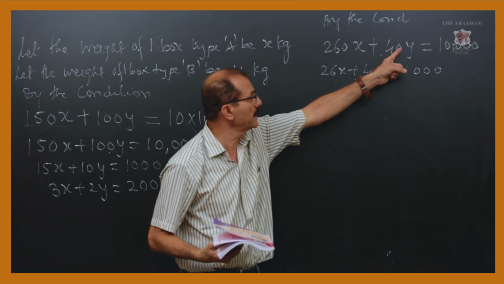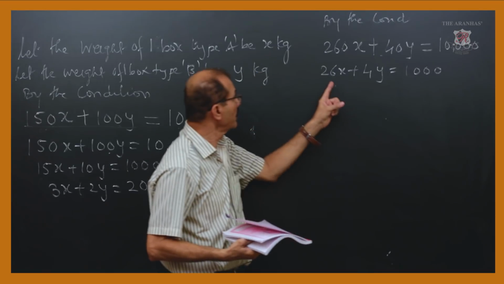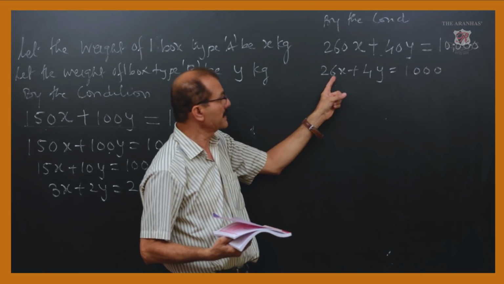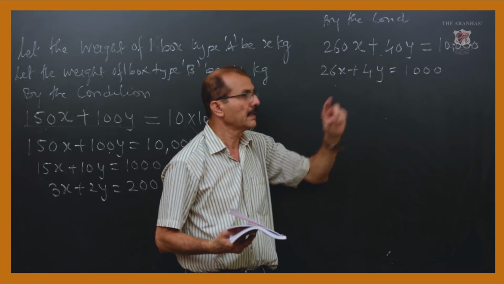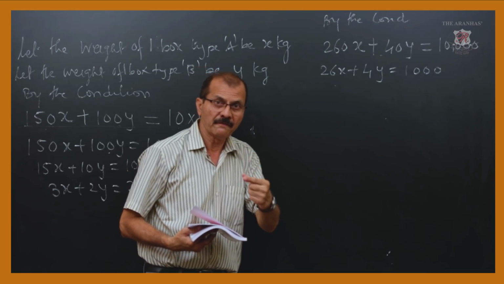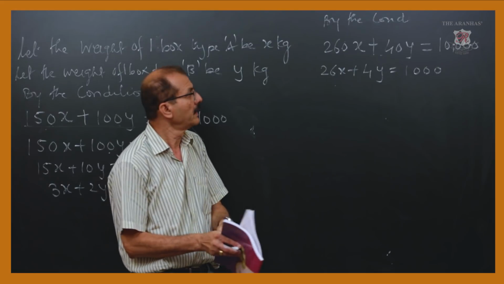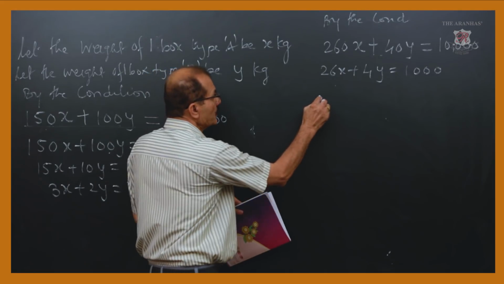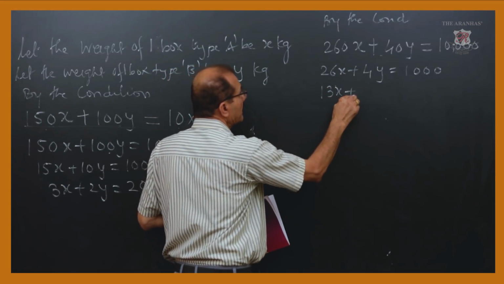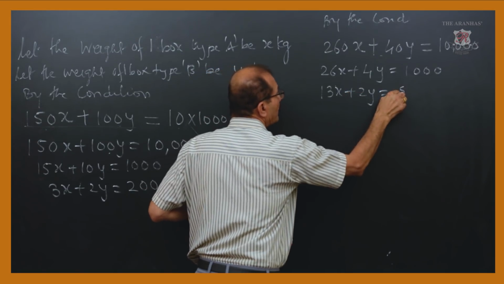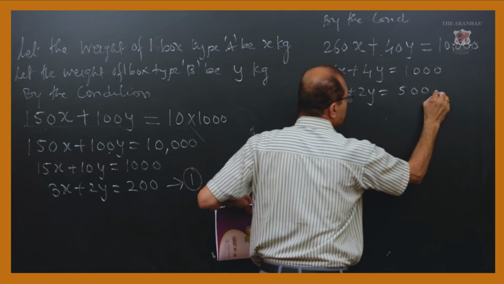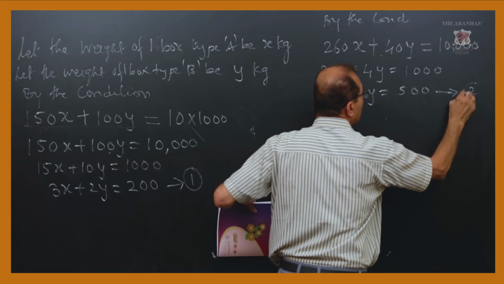So, 0 gets cancelled from each side. So, you get 26x plus 4y is equals to 10,000. You will find that this can be further reduced, dividing by 2. So, I get here 13x plus 2y is equals to 500, and this is my equation number 2.